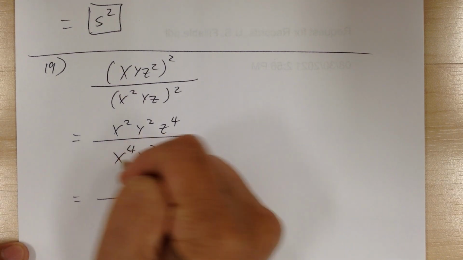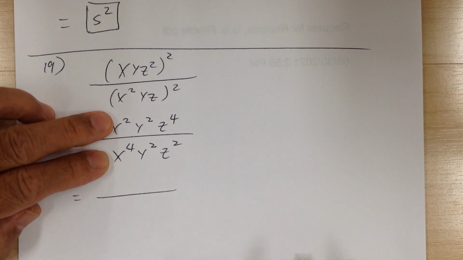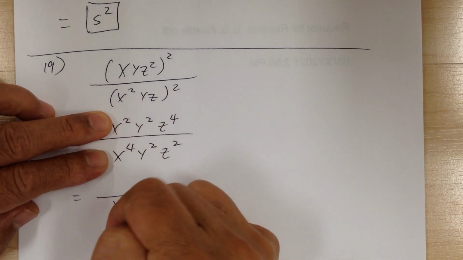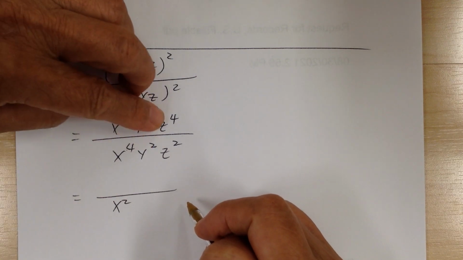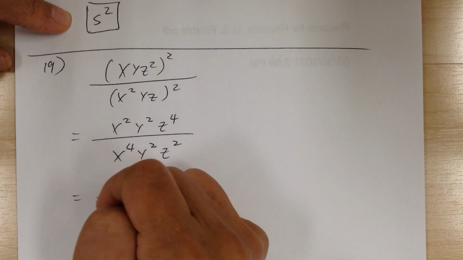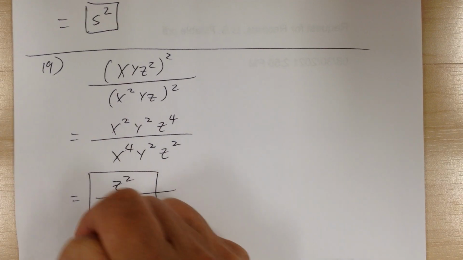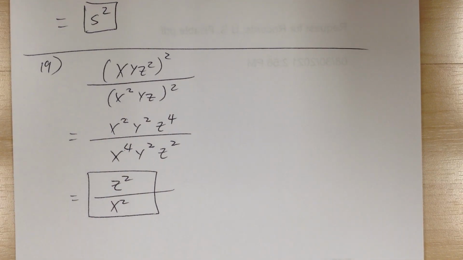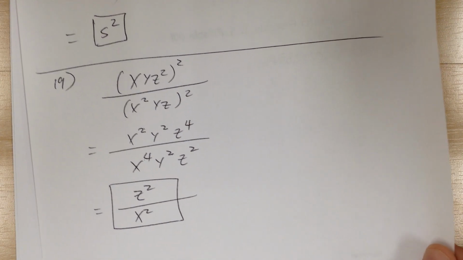Then you go down the alphabet. So x squared and x to the 4 cancel will give you x squared on the bottom. The y squared cancel out, and z to the 4 over z squared would be z squared. Let's go to the next one.